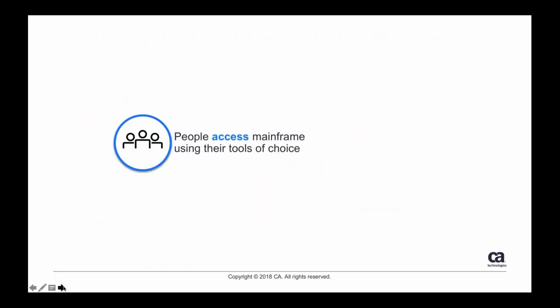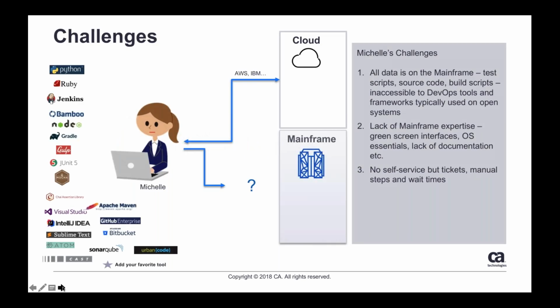So let's start with people working with mainframe, accessing data, interacting, maintaining applications, creating new value for their organizations. So meet Michelle. Michelle is a persona that we use internally when we talk about developers coming up to speed with the environment. There's a generational shift happening where Michelle is being hired from the industry, coming from college.